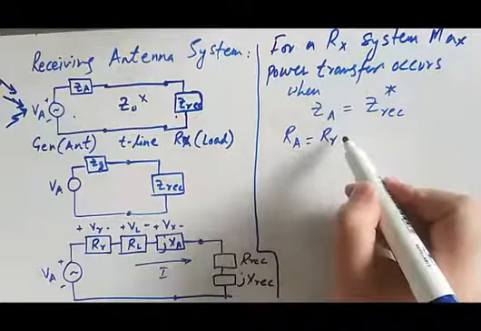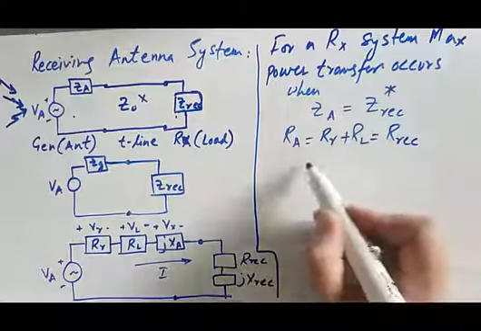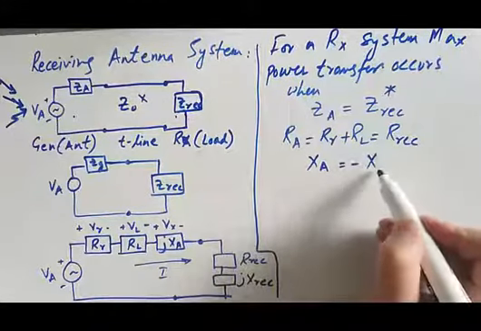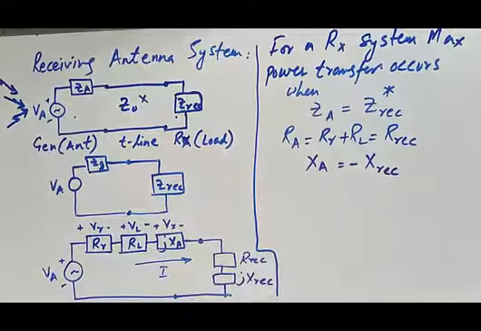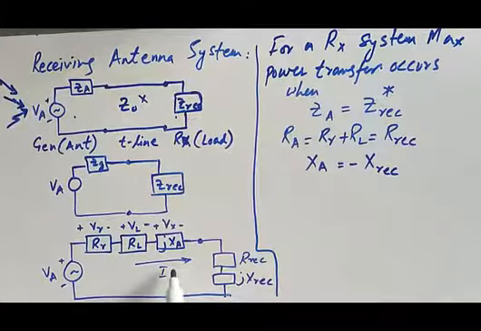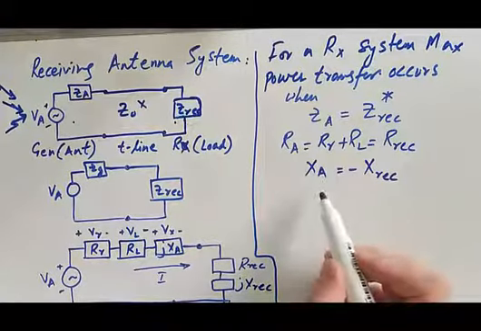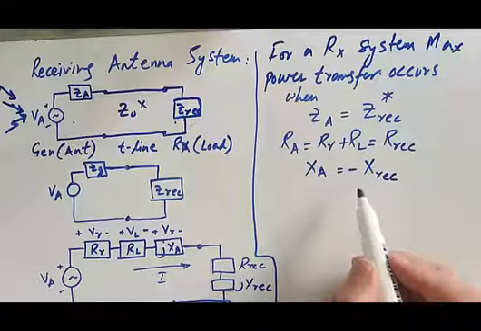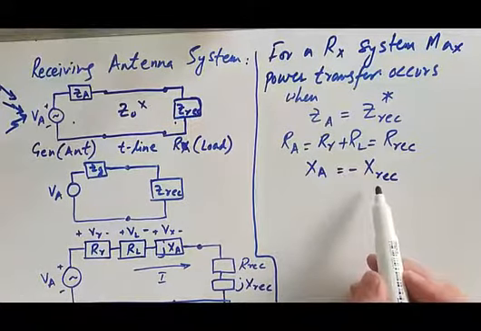So RA is actually RR plus RL, and this should be equal to R receiver, and the reactance of the antenna should be equal to minus the reactance of the receiver, where this shows the complex conjugate. So XA is equal to minus XREC, which means that the reactance of the antenna is the complex conjugate of the reactance of the receiver.